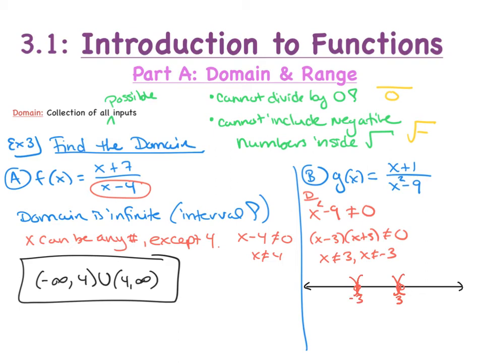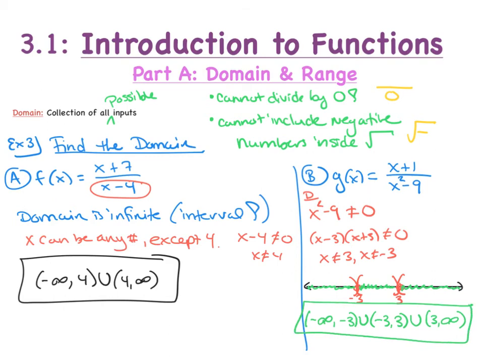So now my domain would be everything to the left of negative 3, skip negative 3, everything in between negative 3 and positive 3, skip positive 3, and everything bigger than positive 3. So I would write that negative infinity to negative 3 union, negative 3 to 3 union, 3 to infinity.